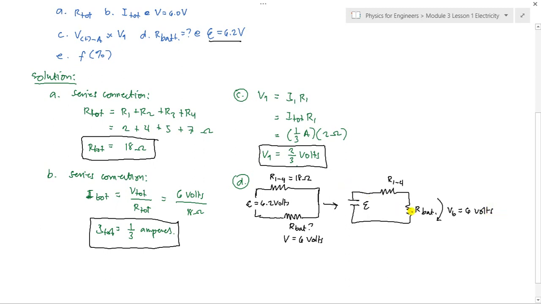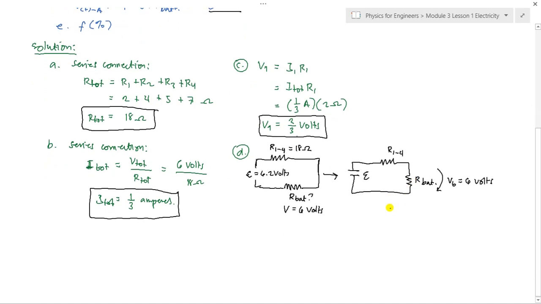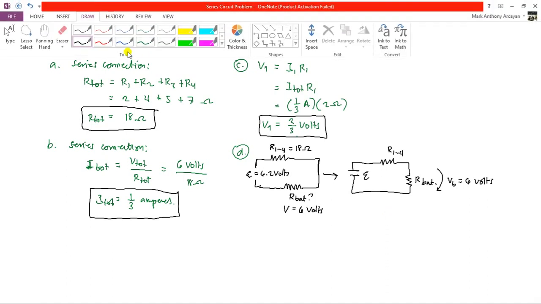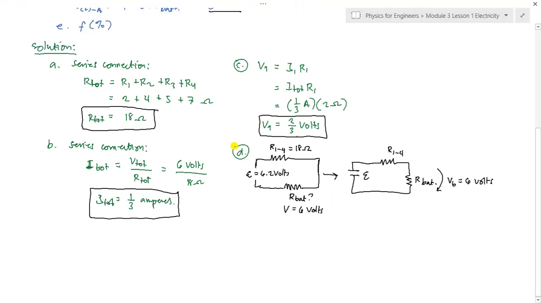Here, we're given E and we are to find R of the battery. The lacking quantity here is the current. We don't know the current here. But going back to our concept in series, for series, we know that the total voltage is just equal to the sum of the voltages in each resistor.